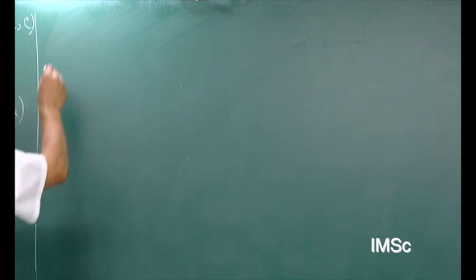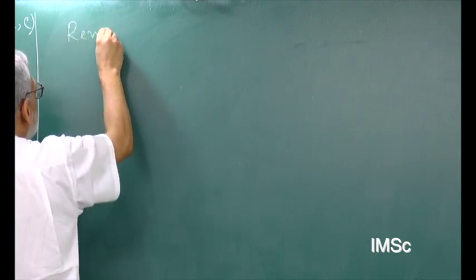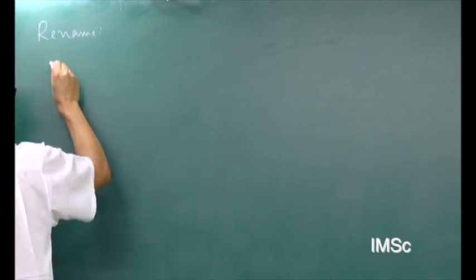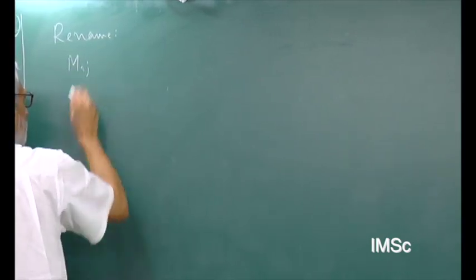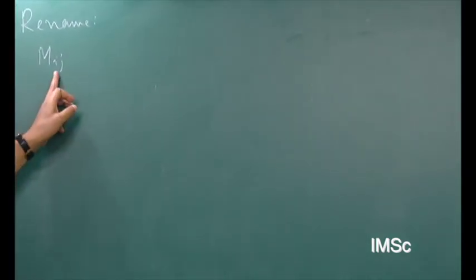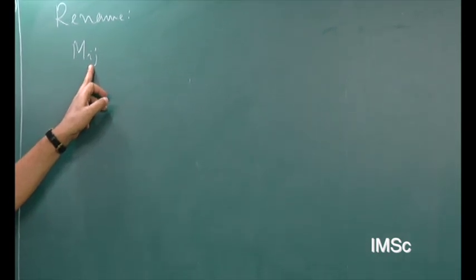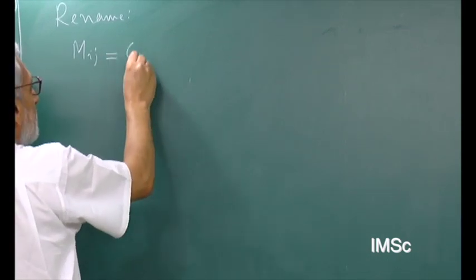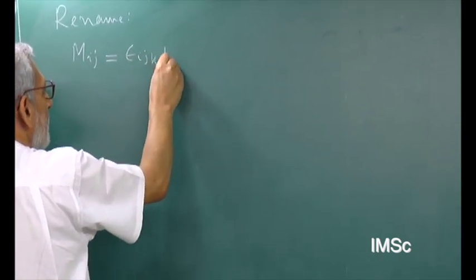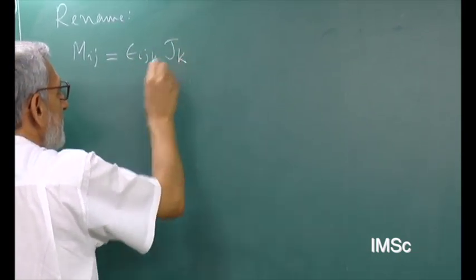Take M ij, where i, j are 1, 2, 3 without the time label, and call that epsilon ijk J k.